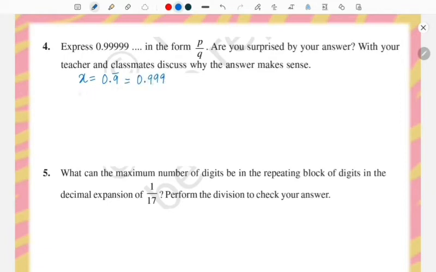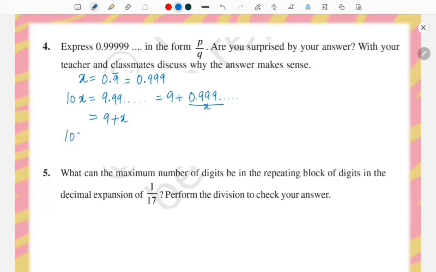There is only one digit, so I have to multiply it by 10. Multiplying by 10 both sides, I get 9.999 with dots, which is equal to 9 plus 0.999 with dots again. This is equal to what? 9 plus x. This was my x. यही तो x था, right?